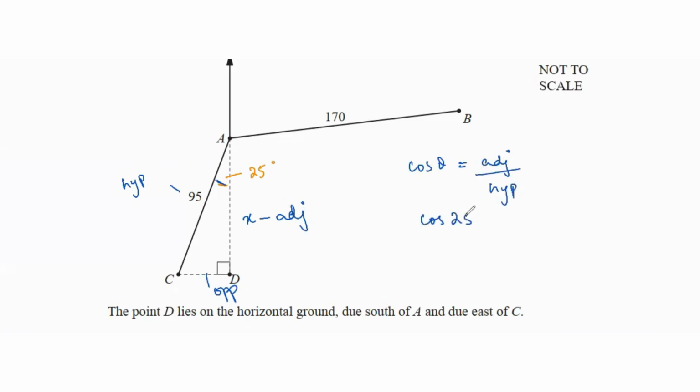Cos of 25 equals x over 95. So x is 95 times cos of 25, and that is 86.09 meters. Correct to 1 decimal place, it's going to be 86.1.